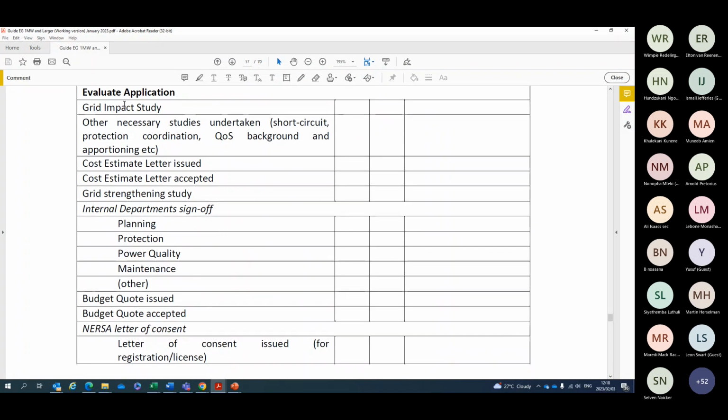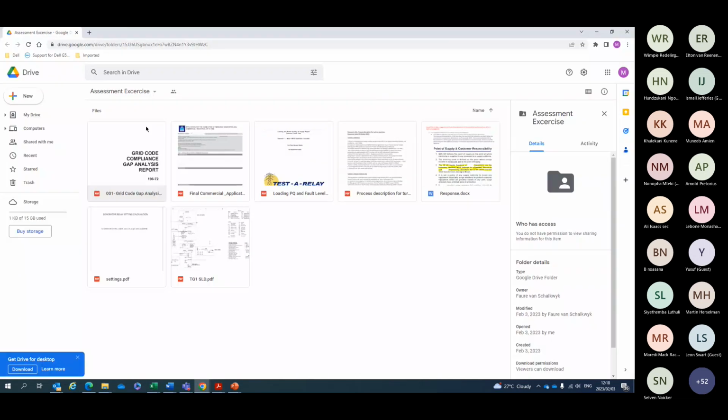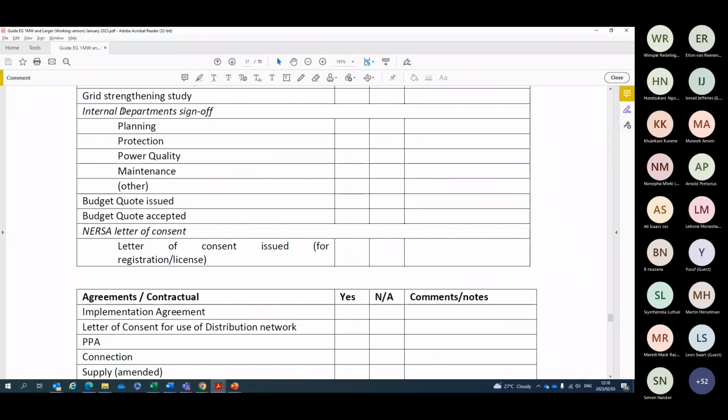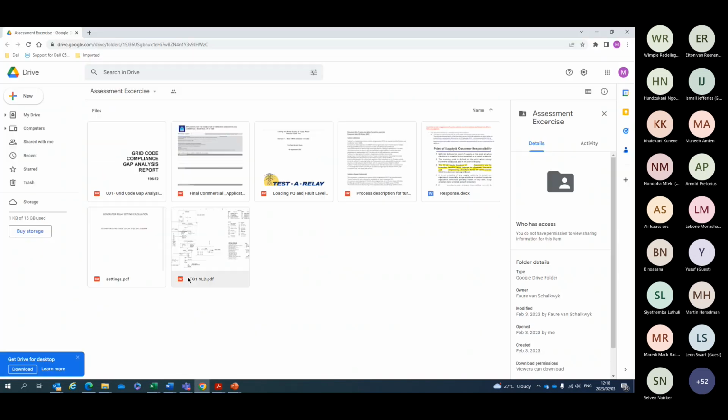Evaluation, is there a grid impact study? What is included in that grid code compliance report? And then there's something about the power quality and the protection. Is that what the generator proposed, or is that actually from the distributor? There must at least be an indication of the communication between the two if I would tick this off. If I don't see anything from my colleagues, if I'm the distributor, I wouldn't tick them off yet. Does this help?